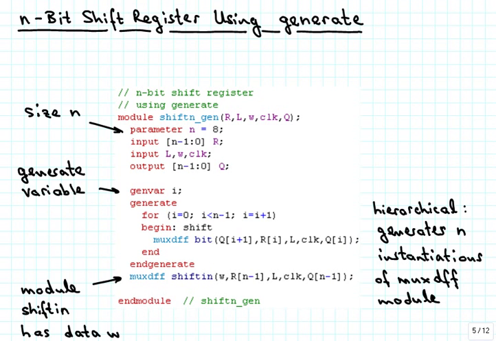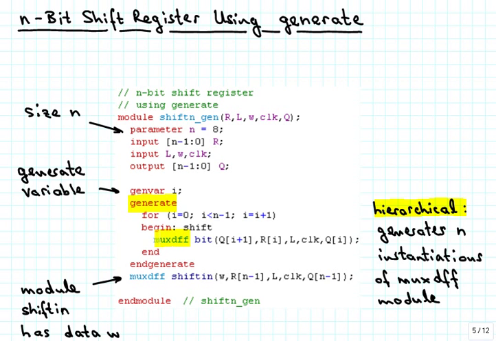An alternative way to implement an n-bit shift register is to use the generate block, as we have done here. So this is a hierarchical way of implementing things. We have this shift n on the bar gen module, and that module makes use of the mux DFF module.